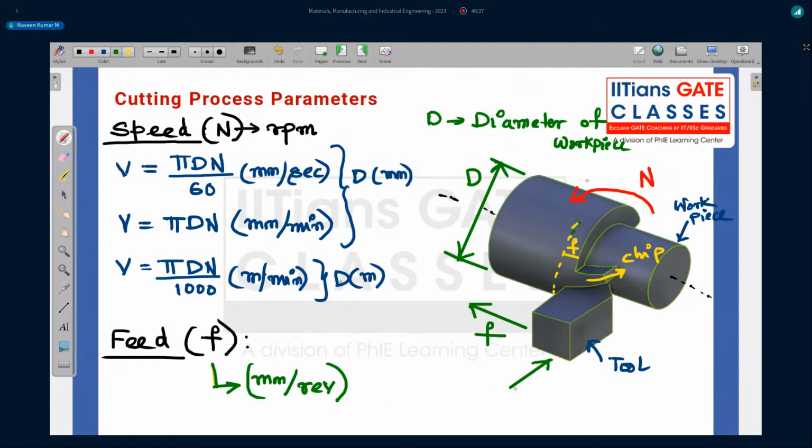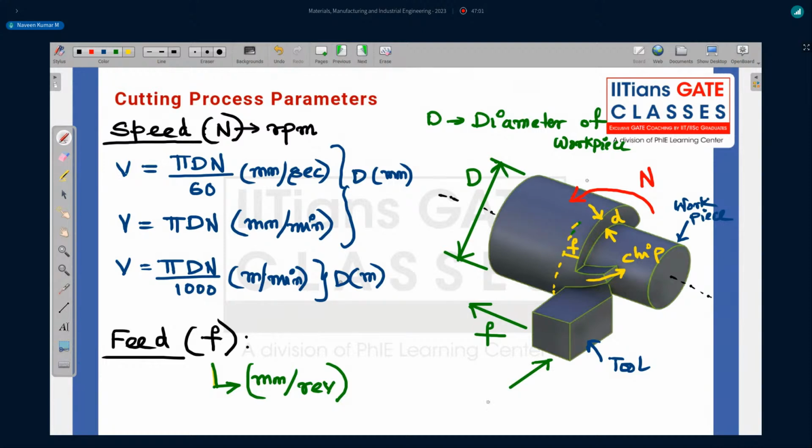And that is visible here, and that is the depth of cut. You can see this distance is your depth of cut, because of the tool plunging into the workpiece. That is your depth of cut inside.